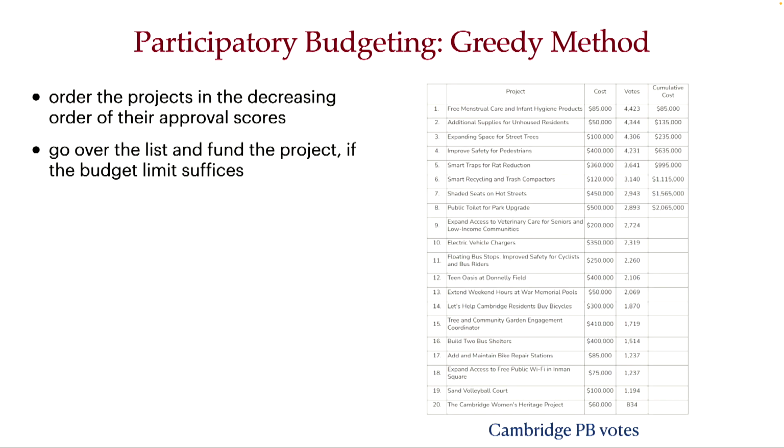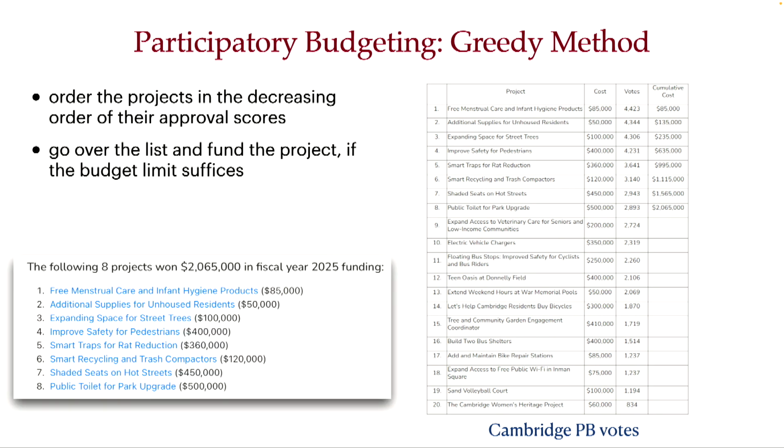For example, this is again the example from the 2024 Cambridge election. This is the budget they used, and they funded the first 8 projects, but let us say I change it to this. Okay, $20 lakh. Then after the 7th project, I do not have funds for the 8th project.